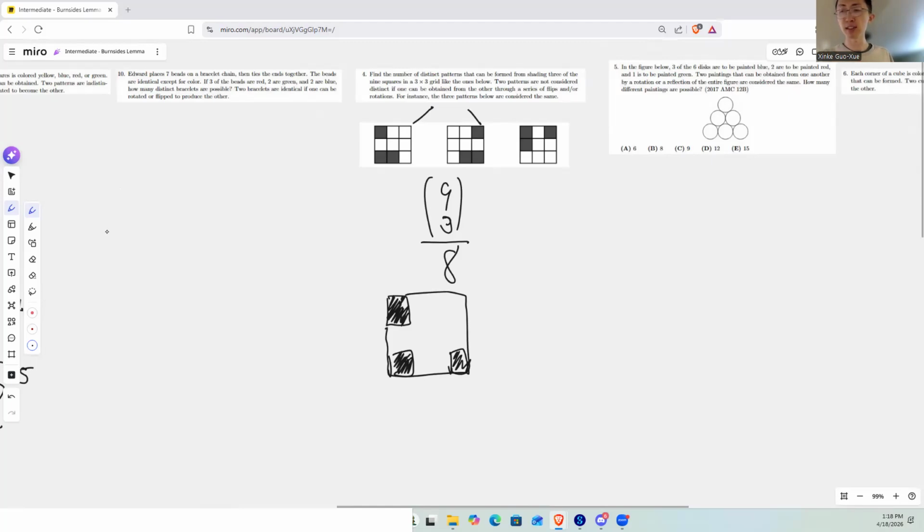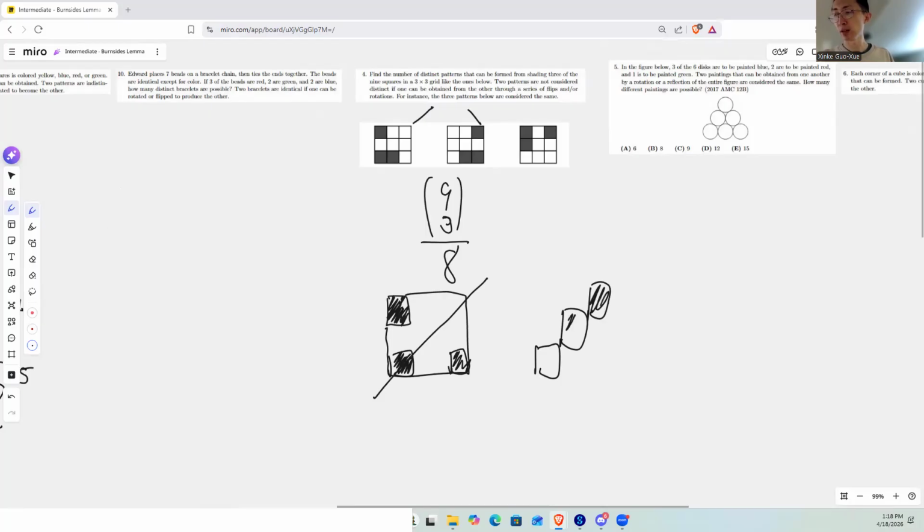For instance, the identity sends this square back to itself. A reflection over this line also sends this square back to itself. So some of the arrangements we have to divide by 4, and some of the arrangements we have to divide by 2. For instance, like this one.